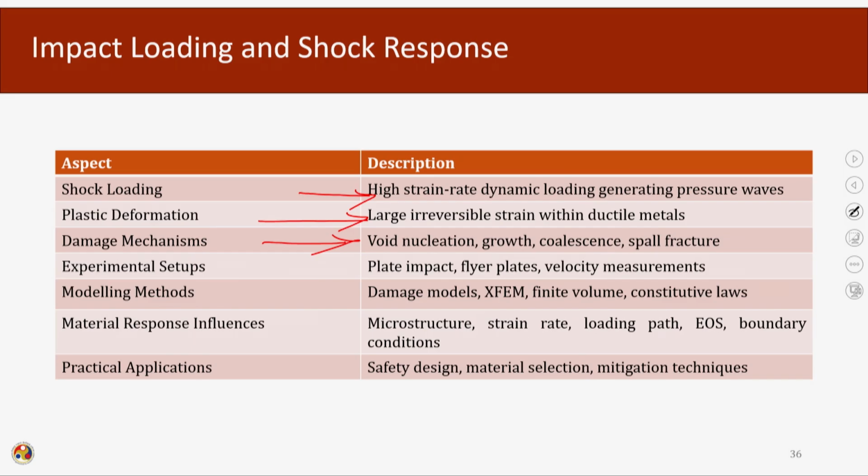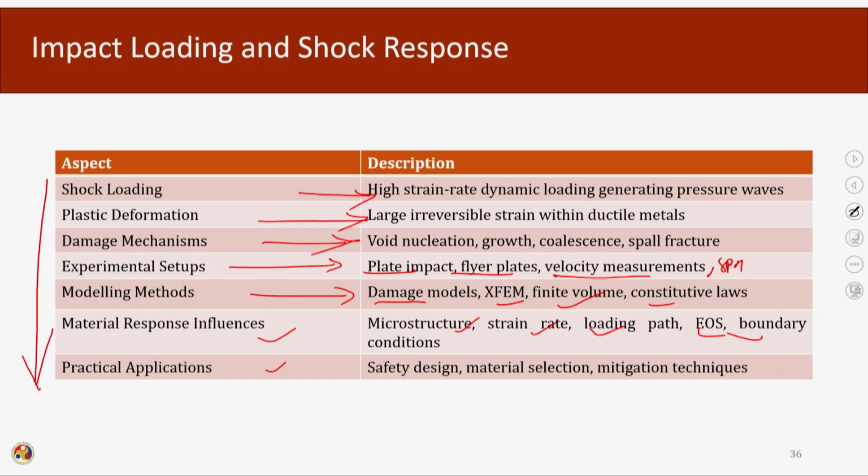Experimental setups: plate impact facility, flyer plates, velocity measurements, SPH, and so on. Modeling methods: damage models, finite element method, finite volume method, constitutive laws. Material response influences: microstructure, strain rate, loading path, equation of state, boundary conditions, and practical applications. So, these are the different aspects which need to be studied for the high strain rate loading.